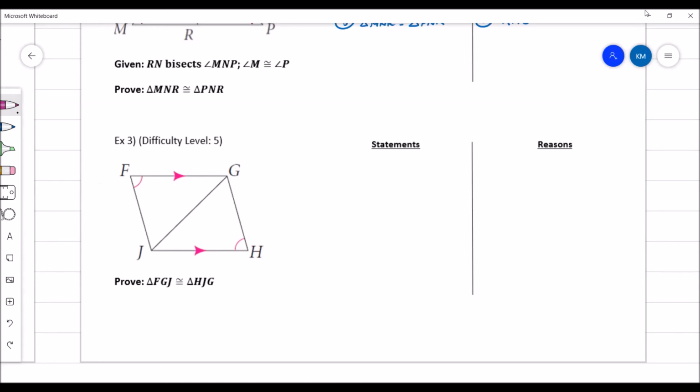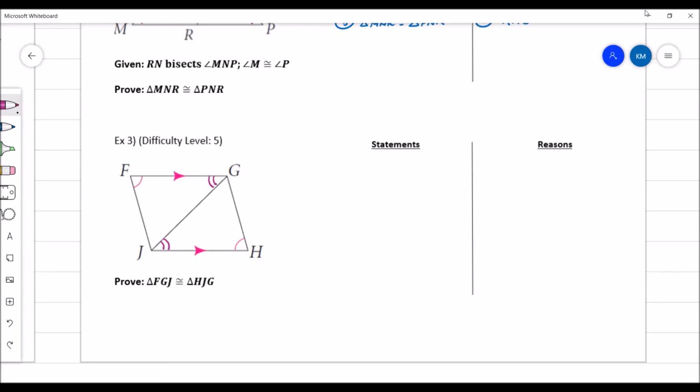So as I look at my parallel lines, I notice GJ is a transversal. And so here, the corners of these Z's or N's, these angles are alternate interior angles. So they're congruent to each other.